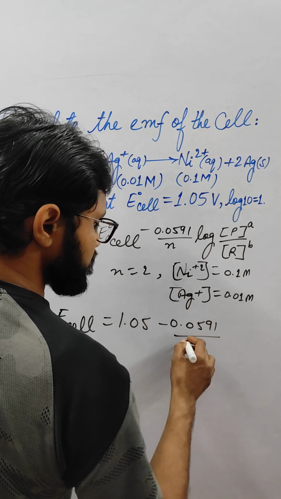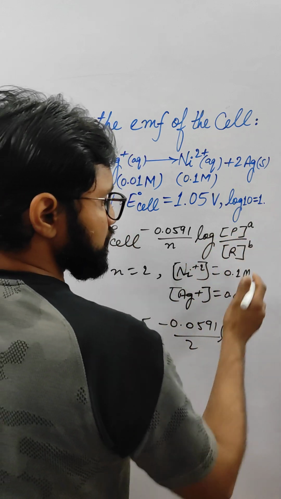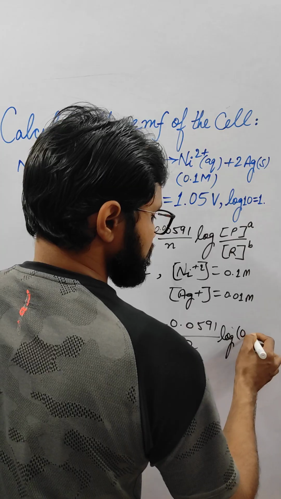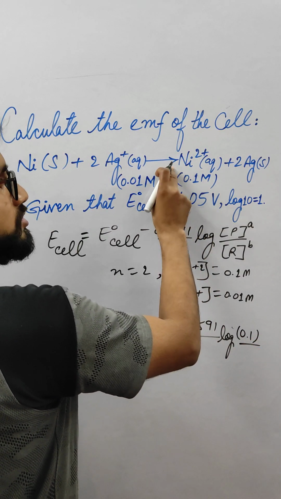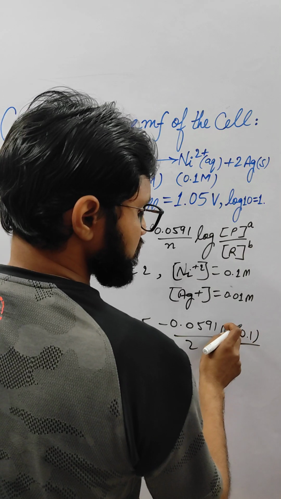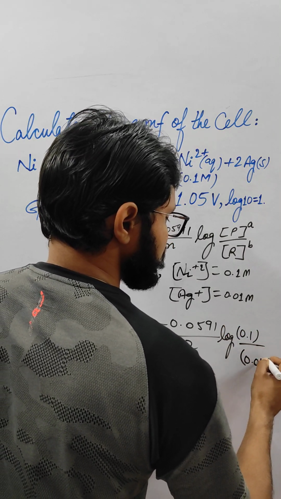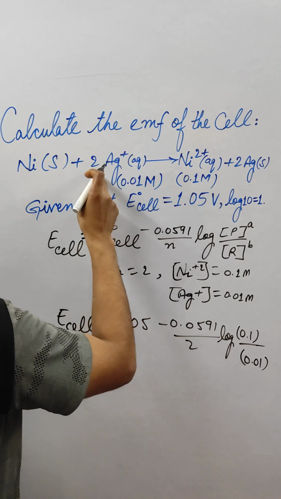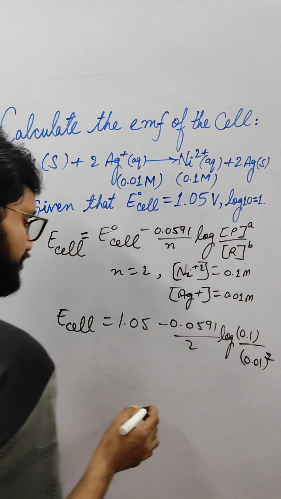0.0591 upon the value of n, which is 2, log concentration of product, that is 0.1, because there is no stoichiometric coefficient, so simply 0.1, upon 0.01, and here the stoichiometric coefficient of Ag⁺ is 2, so we write the whole square.